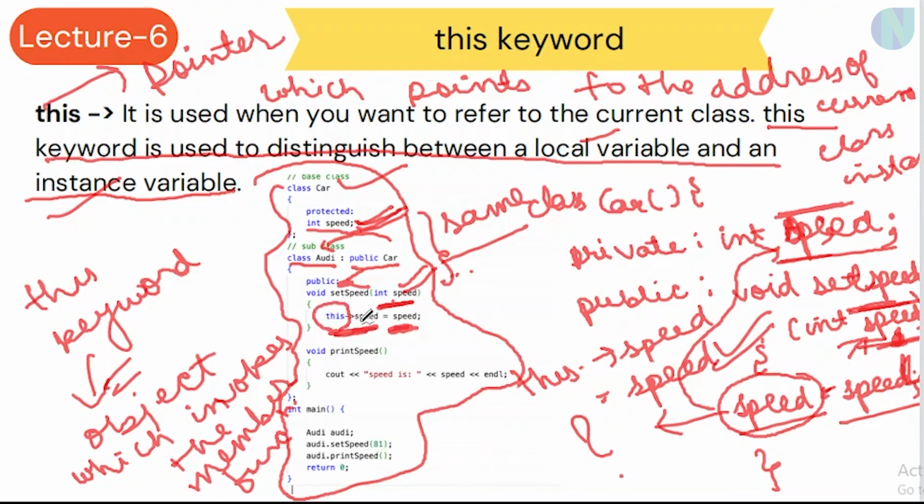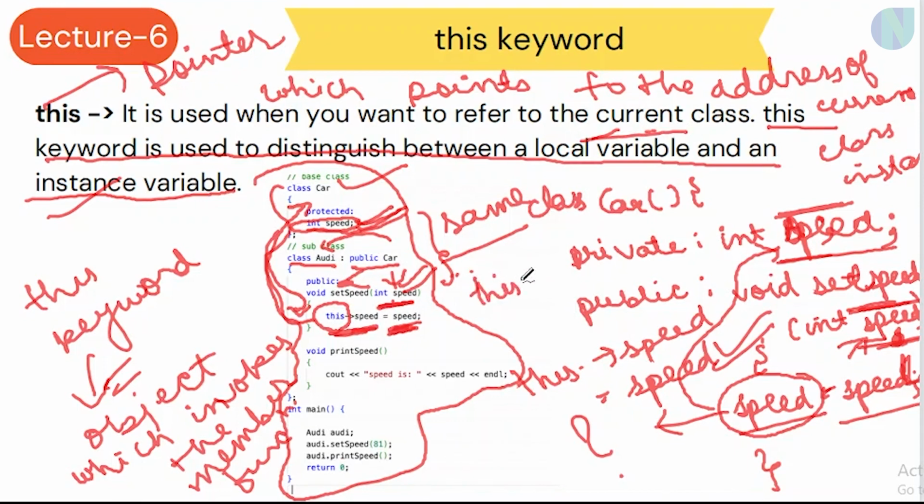Whenever we use this keyword, it refers to the current class instance, and the current class is the car class. So this particular speed implies this speed, and the speed which we give in the parameter is assigned to the speed of the current class. This keyword helps us achieve this.